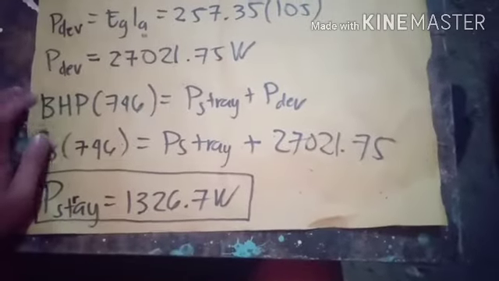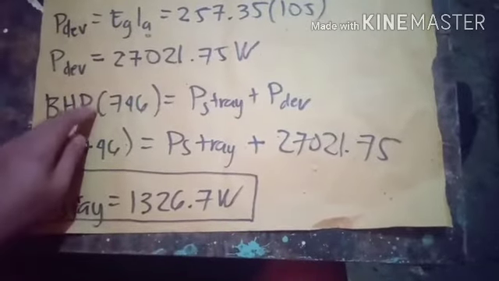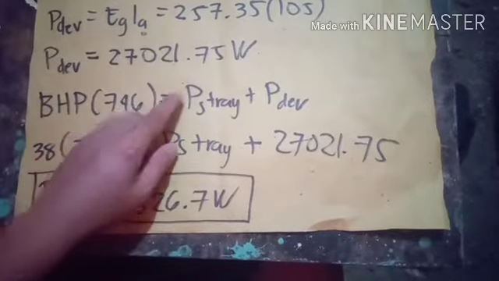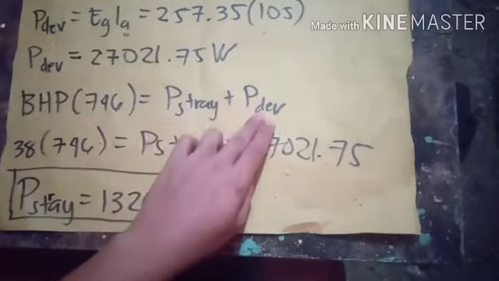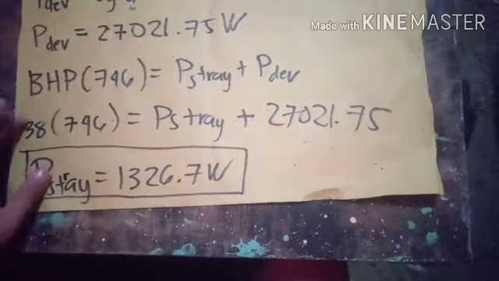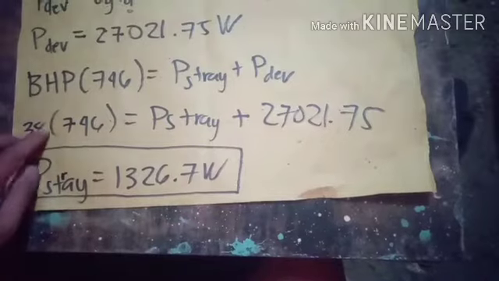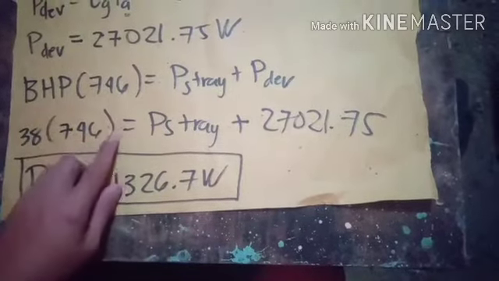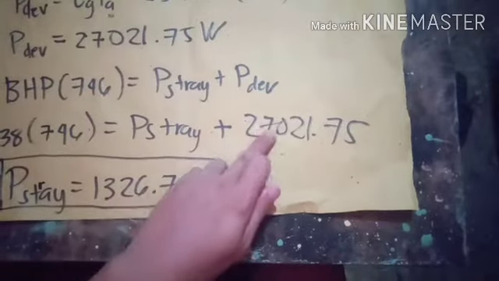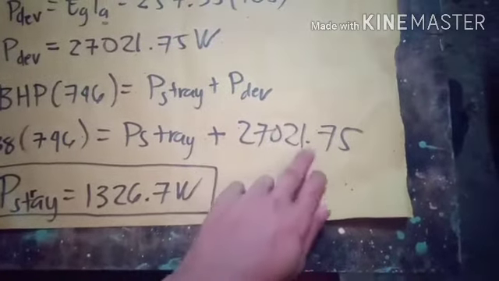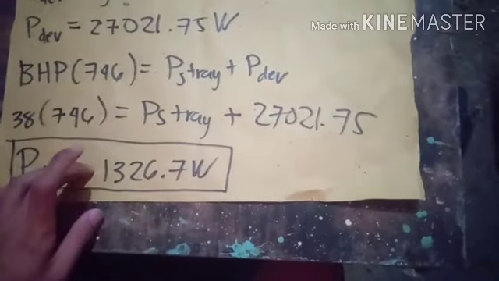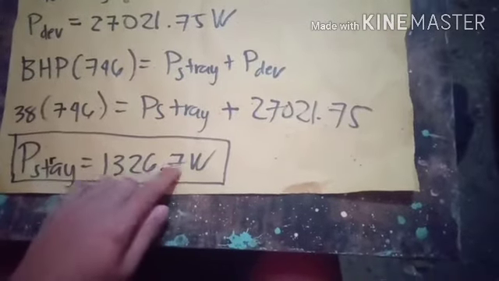Now the BHP times 746 is equal to P stray plus P sub dev. The BHP is given as 38, so 38 times 746 equals power of stray plus 27021.75. So, the power of the stray is 1,326.7 watts.